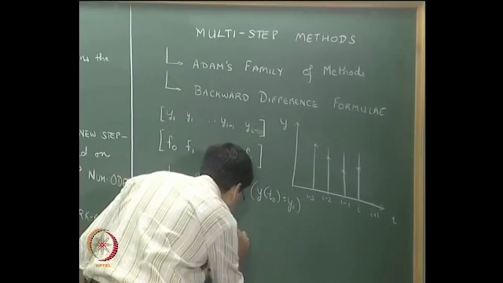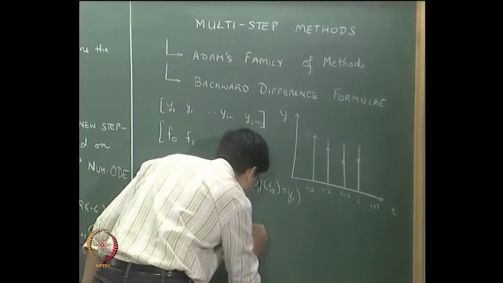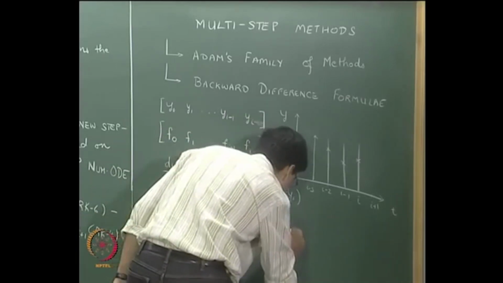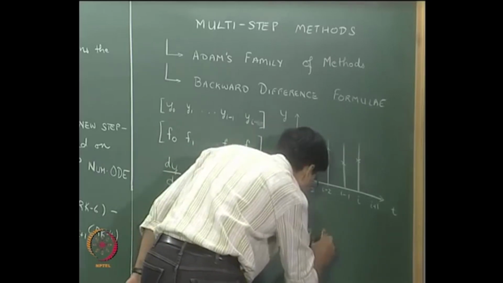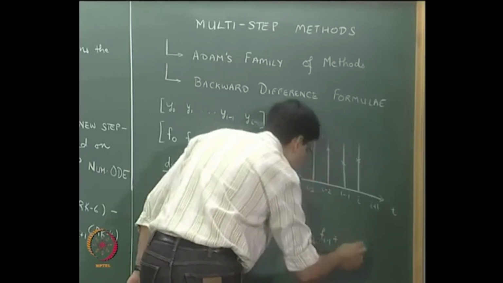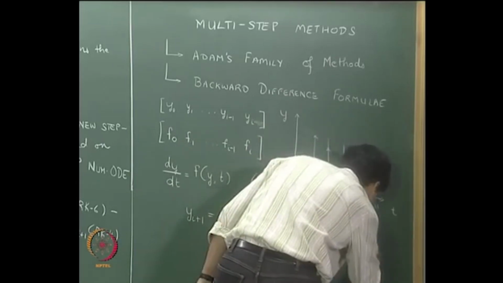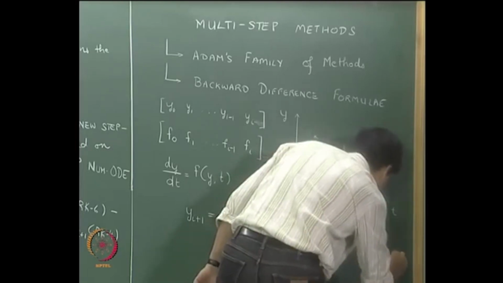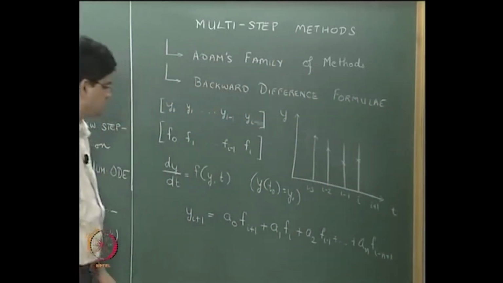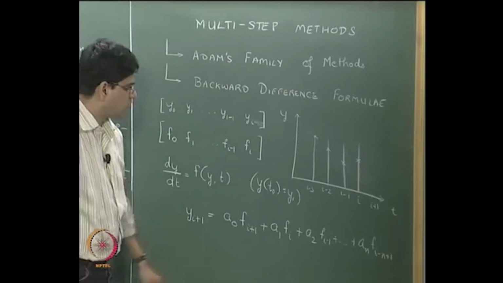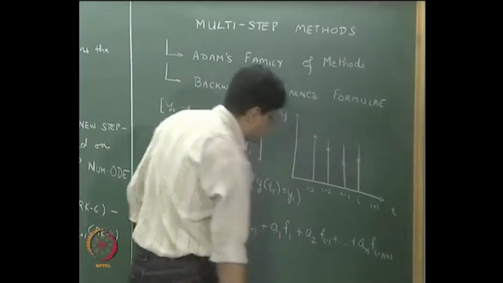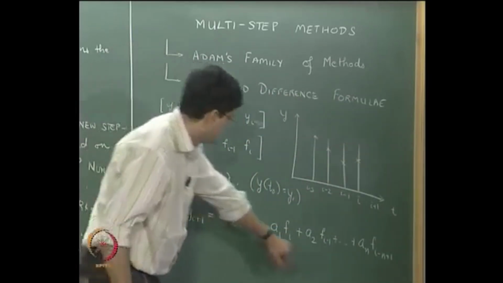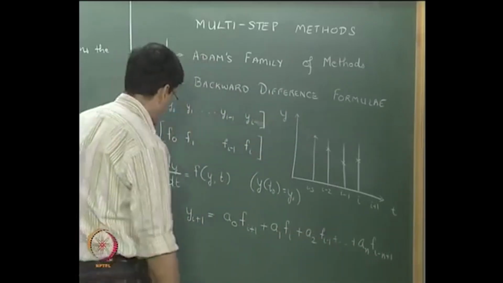So we will write this as a0 f i plus 1 plus a1 fi plus a2 f i minus 1 plus so on up to an f i minus n plus 1. Okay, so this is what we will get over here.